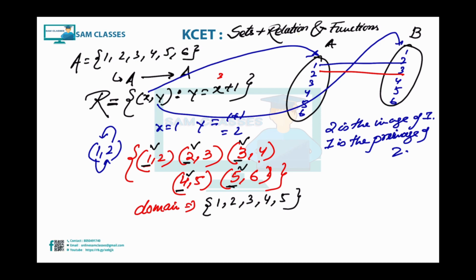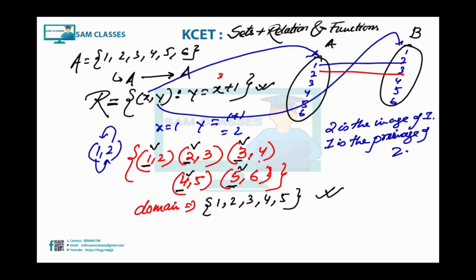We already gave a condition, and anything that follows this condition can make a relation. Earlier every ordered pair was a relation, but now we gave a specific condition. If you follow this condition, you are in the relation. Correct? So we got the domain.